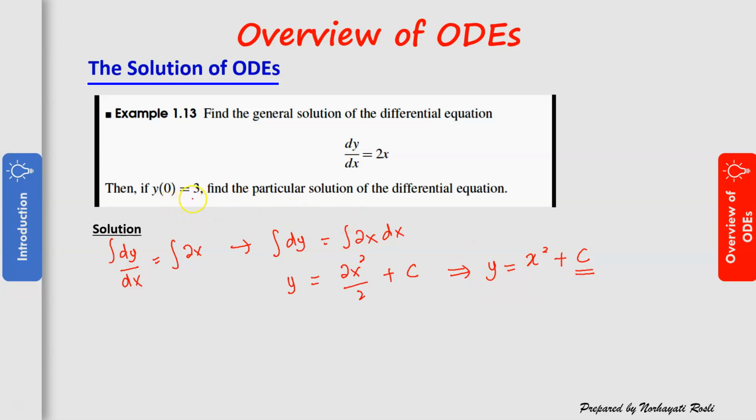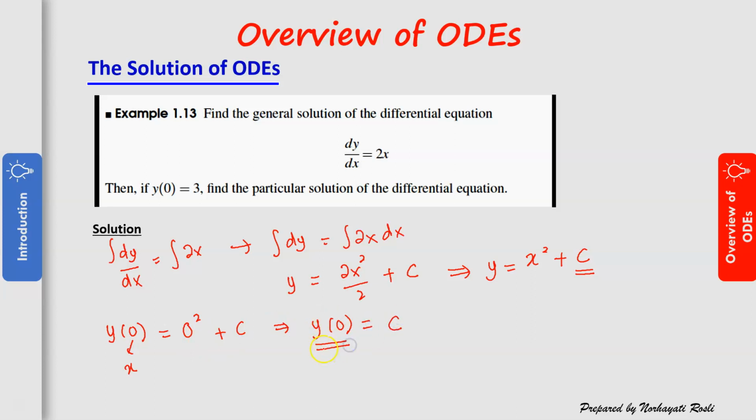Then, if y(0) equal to 3, the question asks you to find the particular solution of the differential equation. When y(0) equal to 3, you can substitute x equal to 0, so y(0) equal to 0 squared plus c, which means y(0) equal to c.